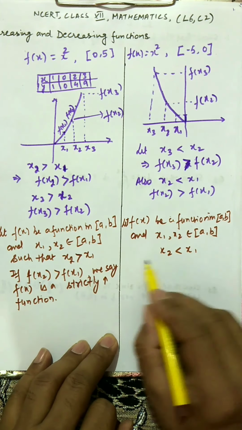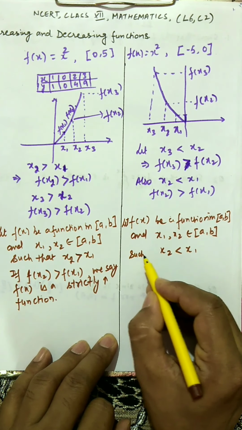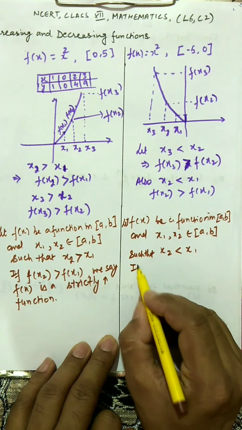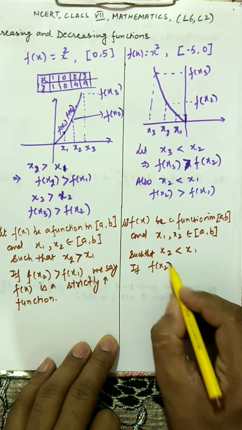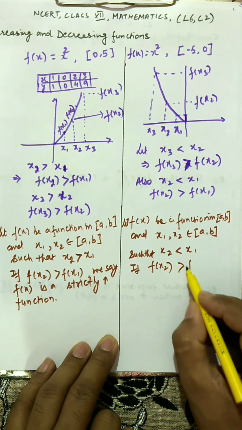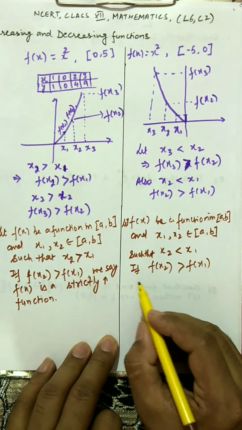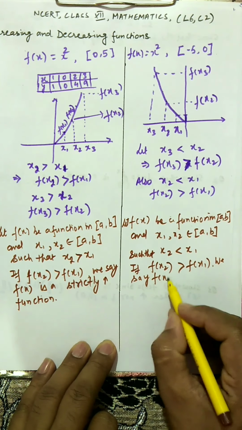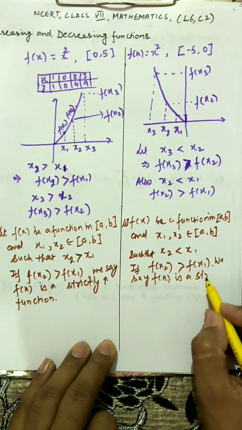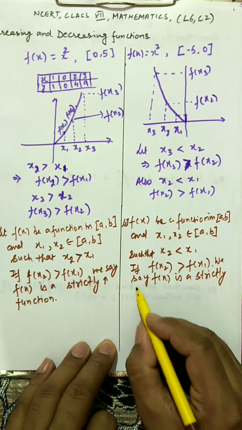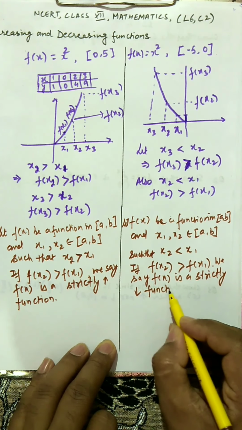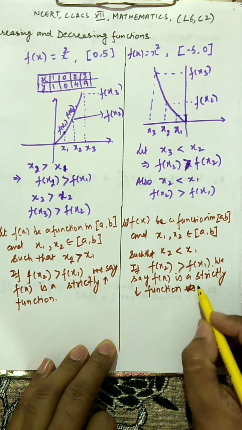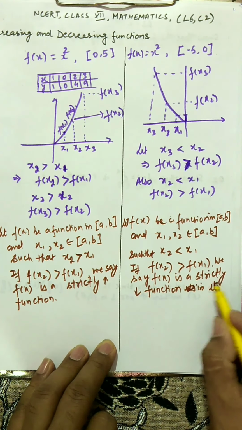And if f(x2) comes greater than f(x1), then we say f(x) is a strictly decreasing function in its domain.